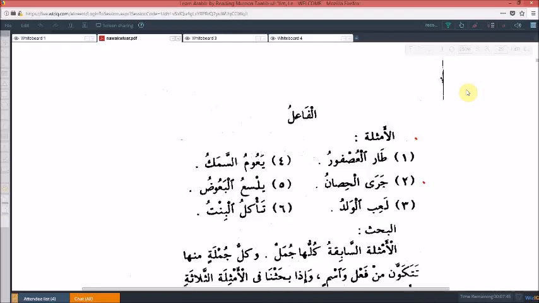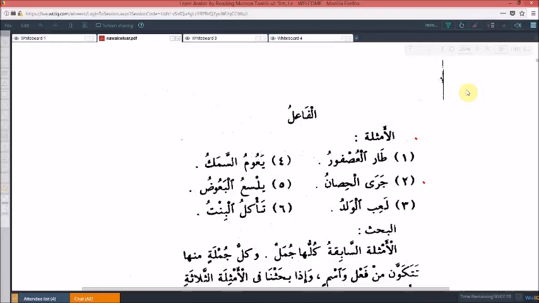La'iba al-walad, the boy played. Ya'umu as-samak, the fish swam, right? Or floated, whatever. Yalsa'u al-ba'ud, the mosquito stung or bit, whatever it does, right? And ta'kulu al-bint, right? The girl eats.